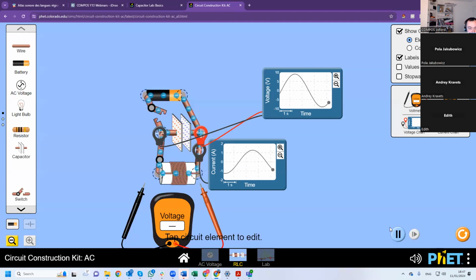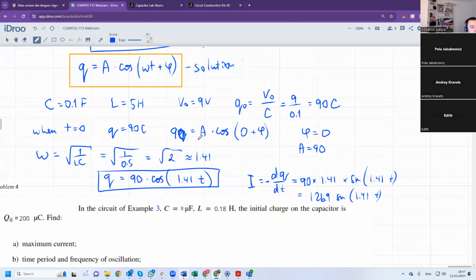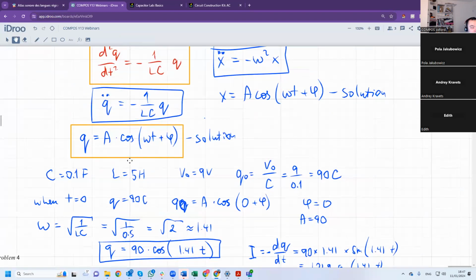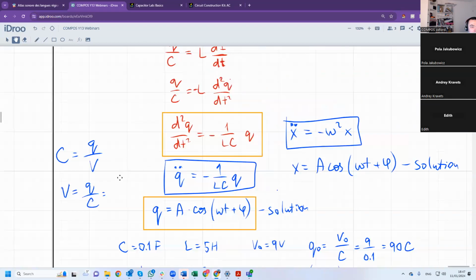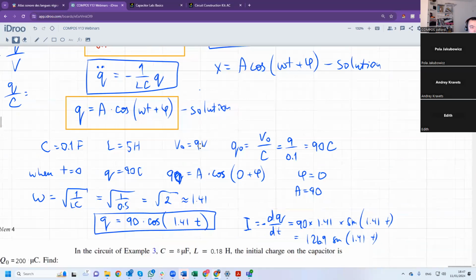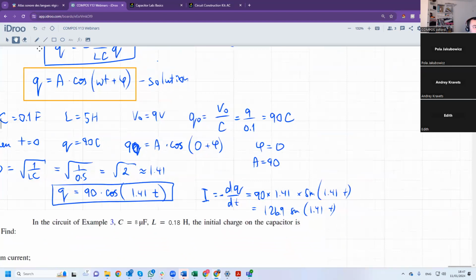Voltage is 9. So did I mess up? The capacitance is charge divided by voltage. The voltage is Q over C. Yes, the initial charge was wrong.